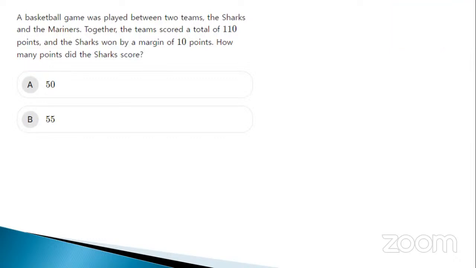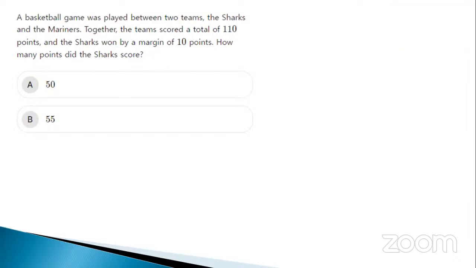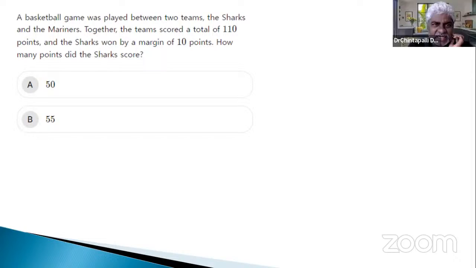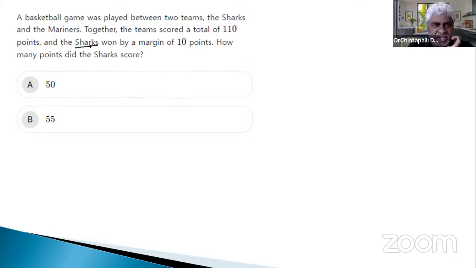50, sir. If Sharks has 50 points, then Mariners should have 60 points, because 10 plus 60 is 110. Sir, 50 plus 60, 110, no. Do you think that Sharks has 50 points? Yes, sir. If that team got 50 points, then what's the share of Mariners?